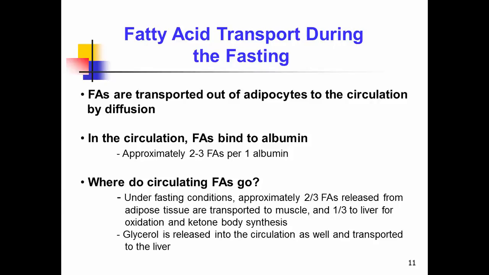The other one third of fatty acids released from fat tissue during fasting goes to the liver for fatty acid oxidation and ketogenesis, for making ketone bodies. And glycerol released from the fat cell is also transported to the liver for gluconeogenesis during fasting. Does that make sense? So they all connect together.